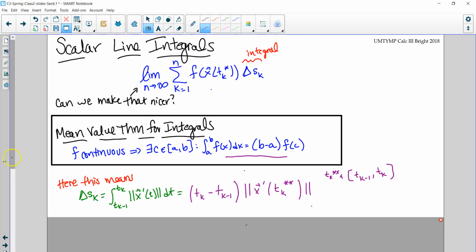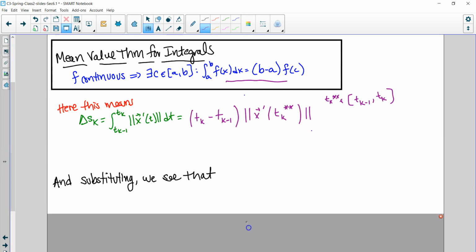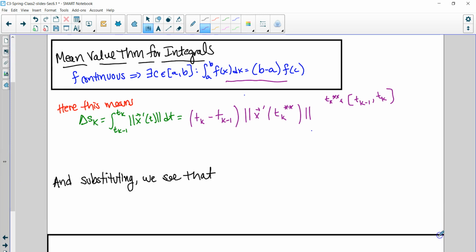Well, that's fine, but how does that help us? Why not substitute this in and see what we get? I'd also mention that if we think about this closely enough, this is just the change in t on our interval, or in that small partition. So let's see what we get.